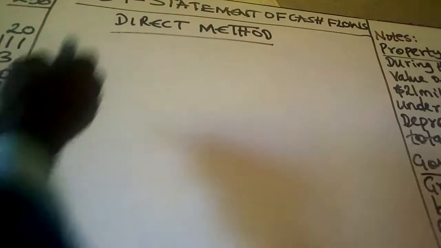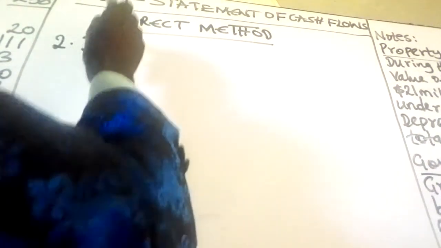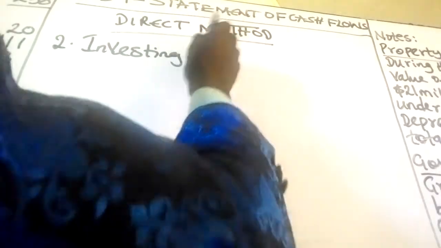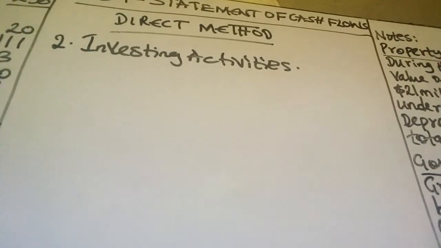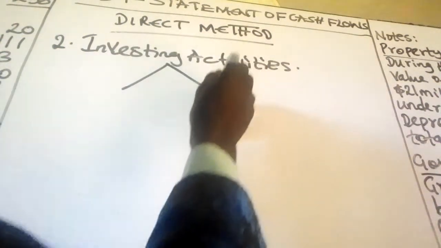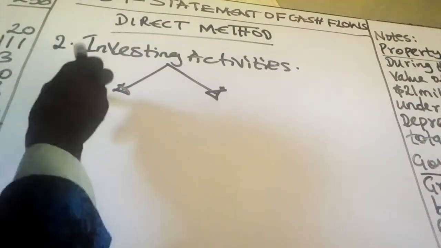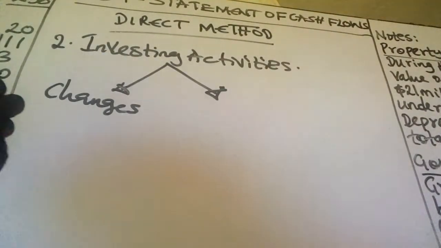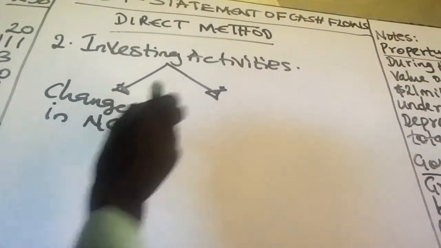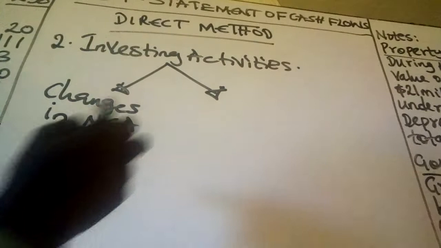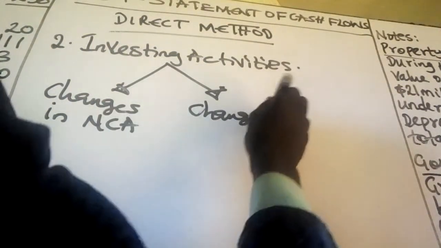Investing activities are the activities that arise from changes in non-current assets (NCA) and changes in investment.